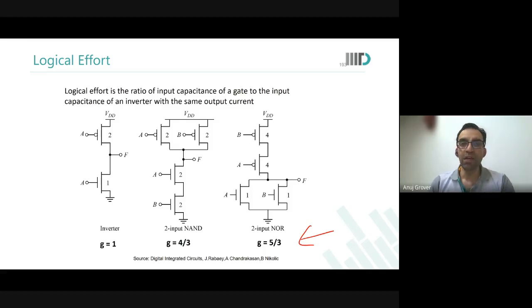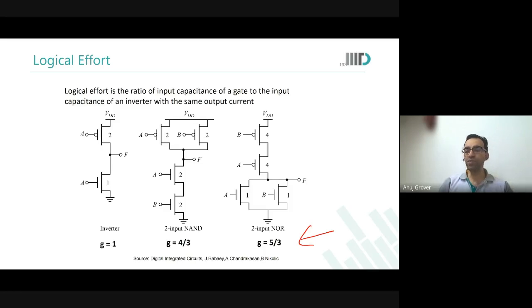Then we moved into saying that typically we would have paths, and when there are paths, the delays are not just dependent on one gate. I need to size a series of gates, a sequence of gates, so that my delay over the entire chain is less. Am I right?